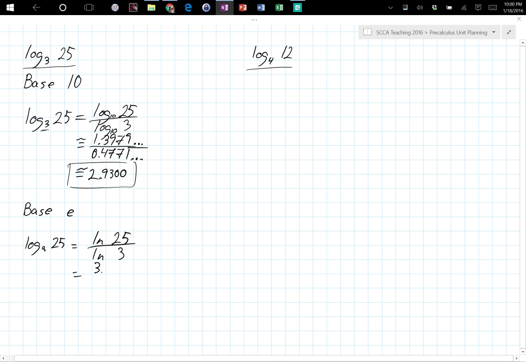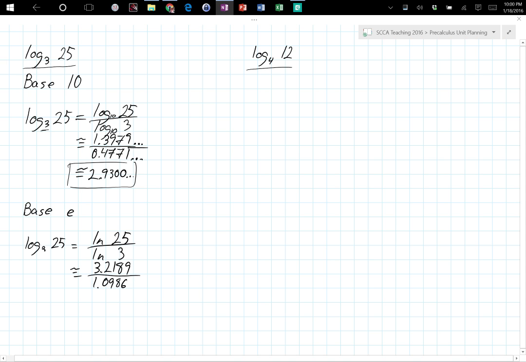So here I get 3.2189, and that's an approximate, and then ln of 3 on the bottom, and I get 1.0986. And once again, those go on forever.